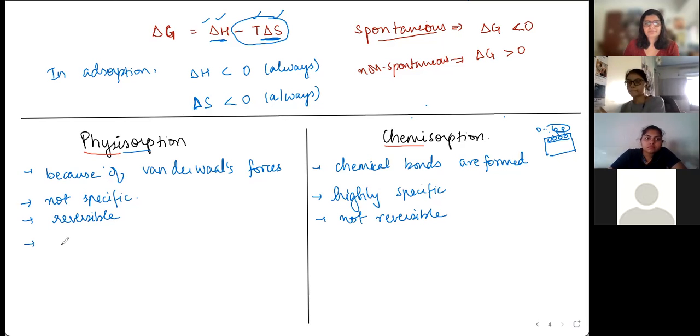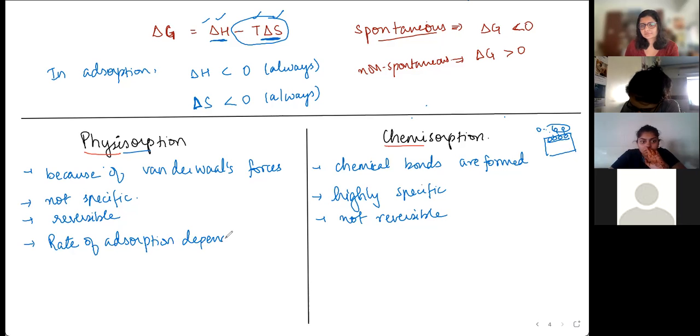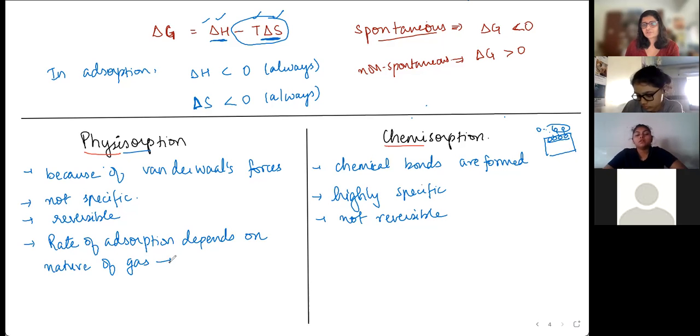In physisorption, the rate of adsorption depends on the physical characteristics of the gas, specifically how easily liquefiable it is. So when we say nature of gas, we're talking about the liquefiability.